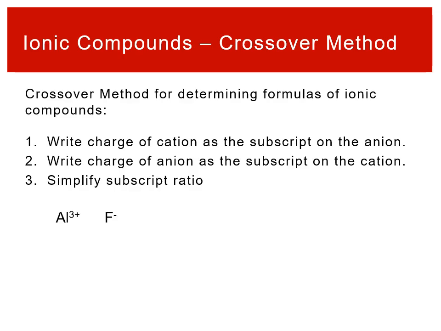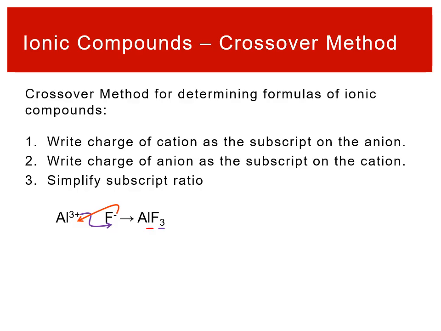We'll look at that aluminum and fluoride. Aluminum has a plus 3 charge, fluoride has a minus 1 charge. So I take the charges and I move them to the other atom as subscripts. The 3 was on the aluminum, that becomes a subscript on the fluorine. The 1 was on the fluorine, that becomes a subscript on the aluminum. We don't write the 1, but it's there as a subscript.